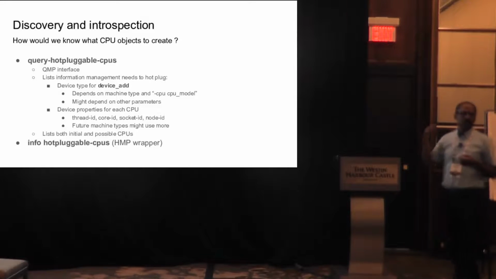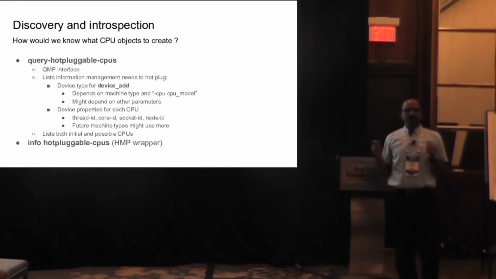That's when I think Igor came up with the suggestion to disassociate the introspection part from the actual hot plug implementation part. Let's implement hot plug separately, and let's have a QMP based introspection or discovery mechanism where we can export information in a uniform manner which would work for most of the architectures.